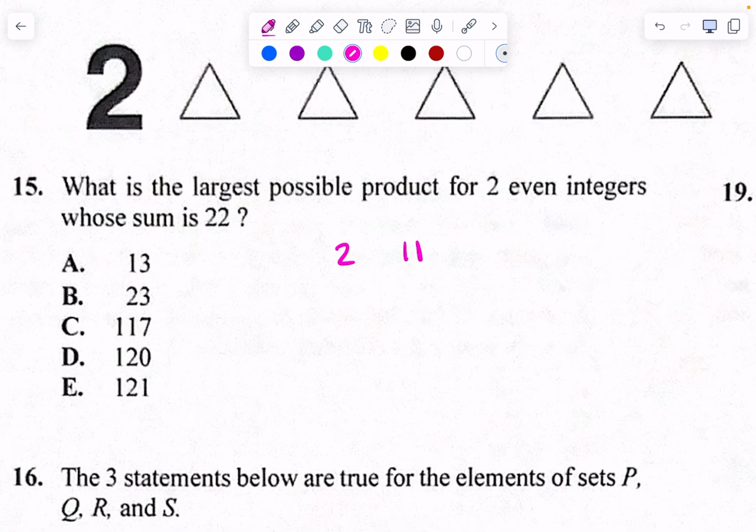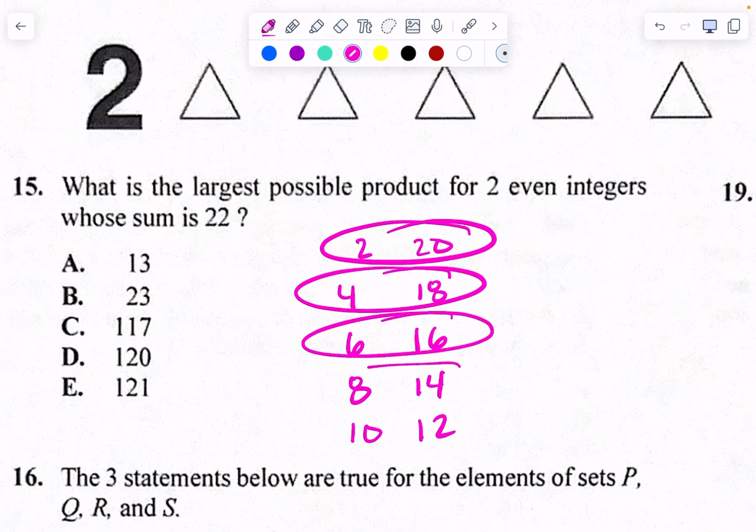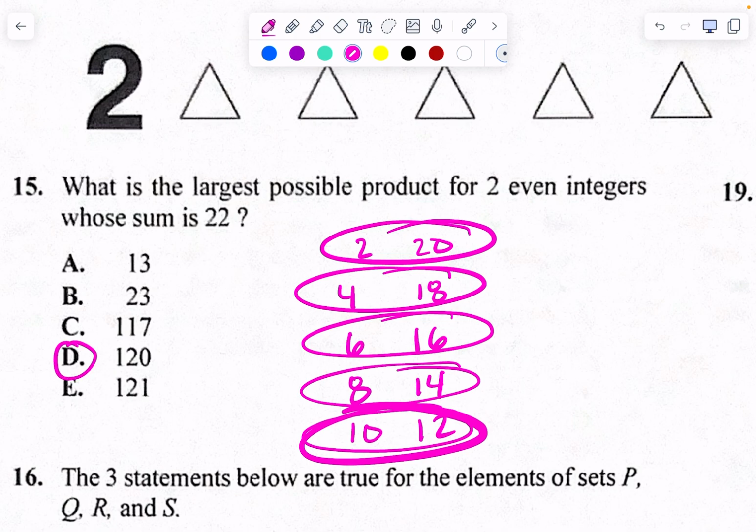Oh, no, I'm sorry, the sum is 22. So 2 and 20, 4 and 18, 6 and 16. I'll show you how this works just so that you get an idea. 8 and 14 or 10 and 12. Which one of these is going to have the biggest product? 10 and 12. The closer the numbers are, the bigger the product will be. So 120 is the biggest product.